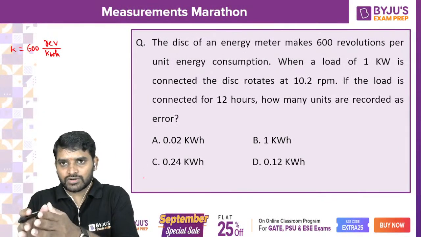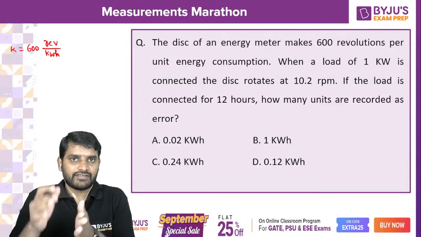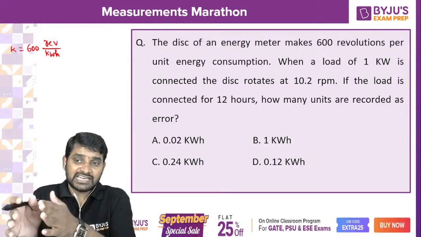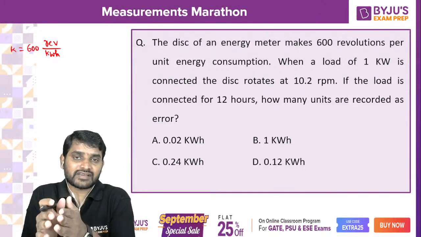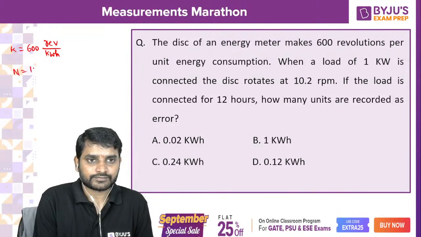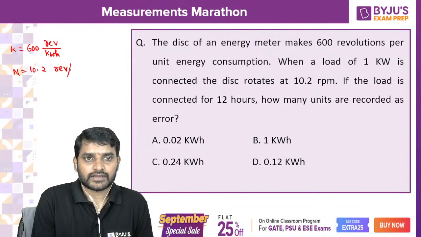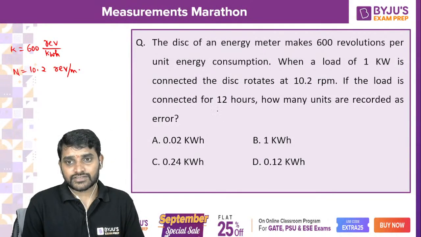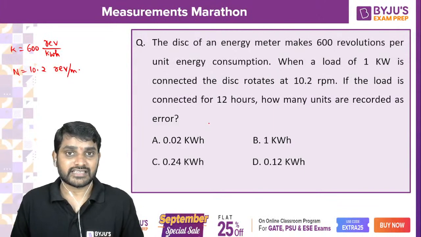Now we know the load is 1 kilowatt, and we are operating that load for 12 hours. When the load is connected, the disk rotates at 10.2 revolutions per minute. If the load is connected for 12 hours, how many units are recorded as error?